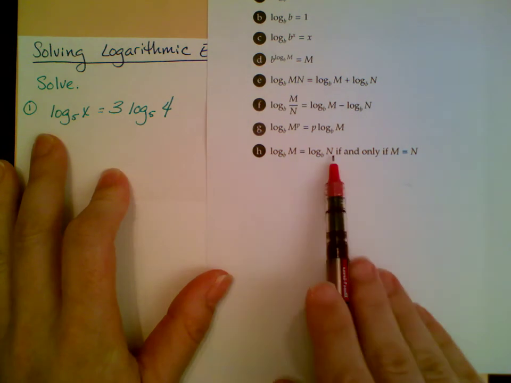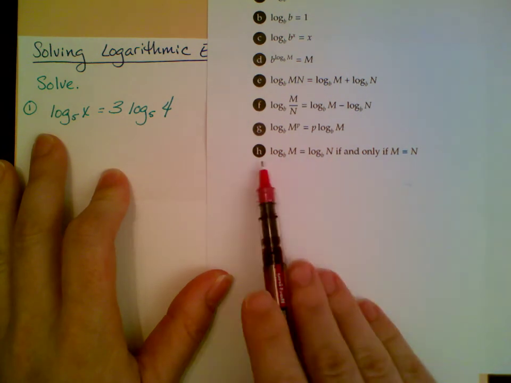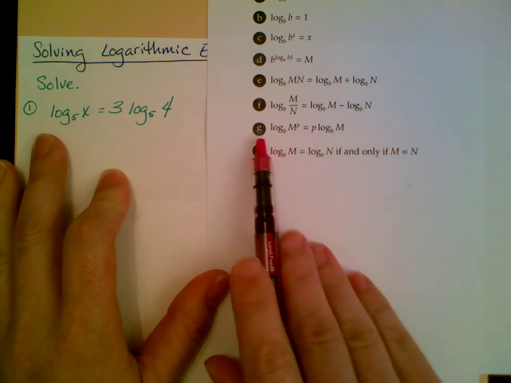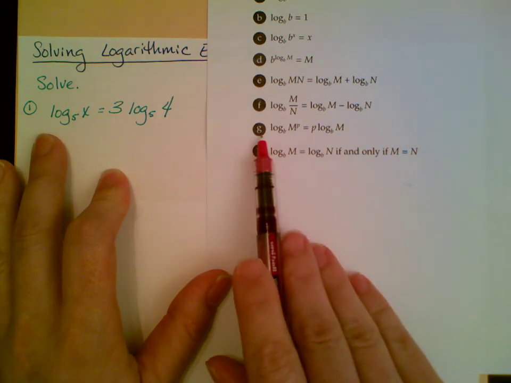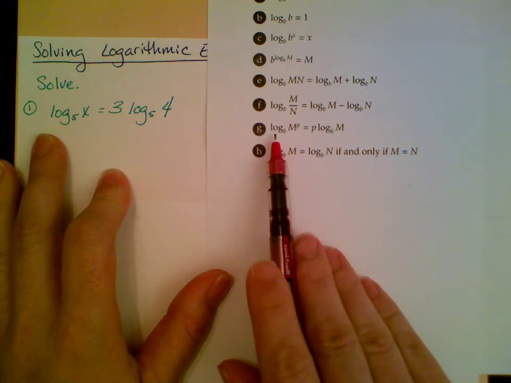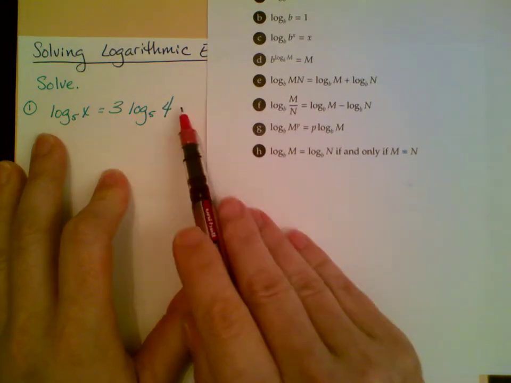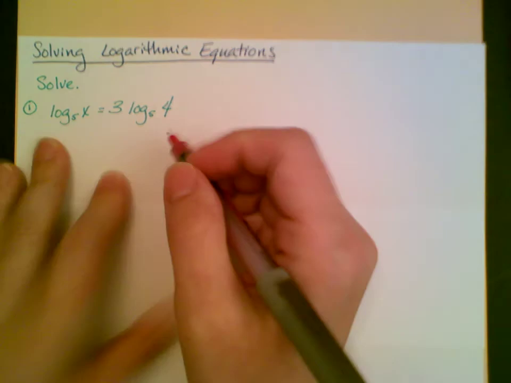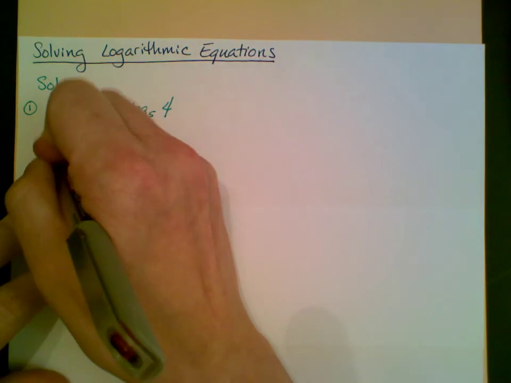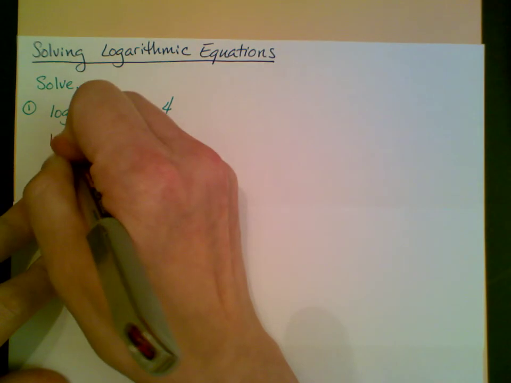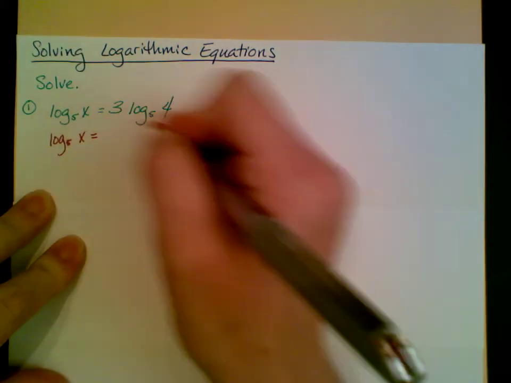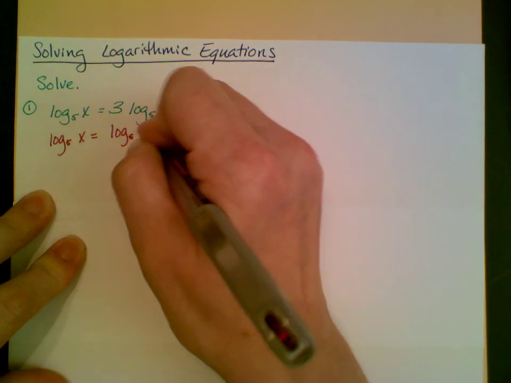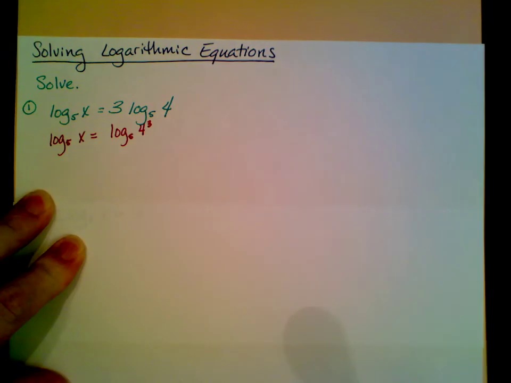The m and the n are the inputs of the log, and neither one of these have anything multiplied in front. However, I can use property g from this list to pull this 3 inside, and so I've got log base 5 of x is equal to log base 5 of 4 cubed.